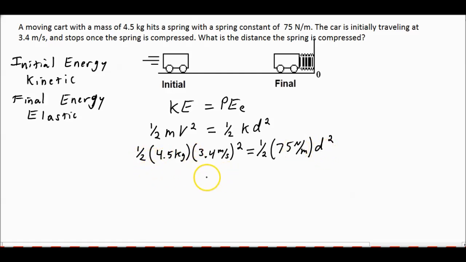So if we solve the left-hand side of the equation, we find out we get 26 joules, and 1/2 of 75, put parentheses around that. Now we divide both sides by 37.5 newton meters.